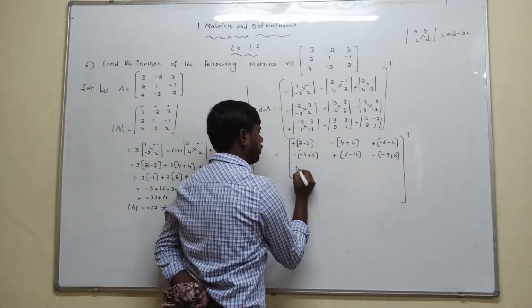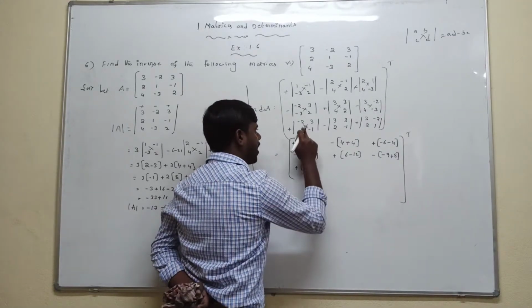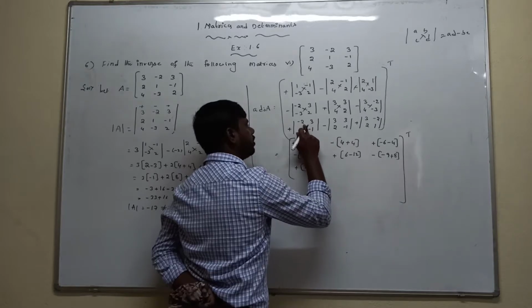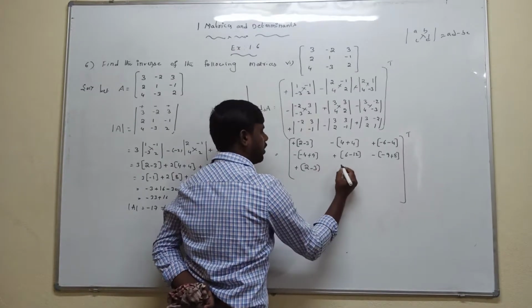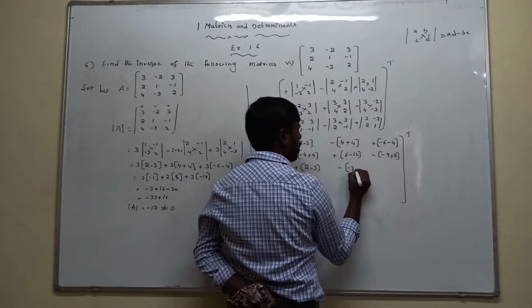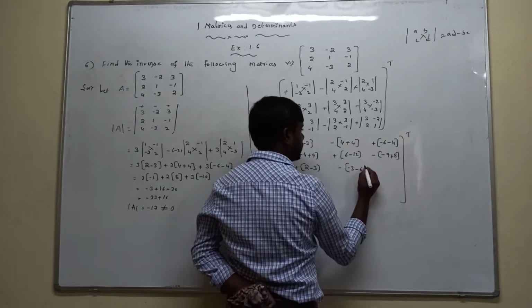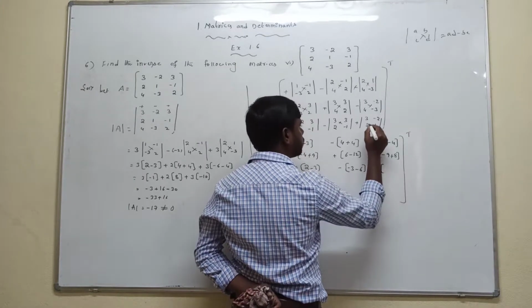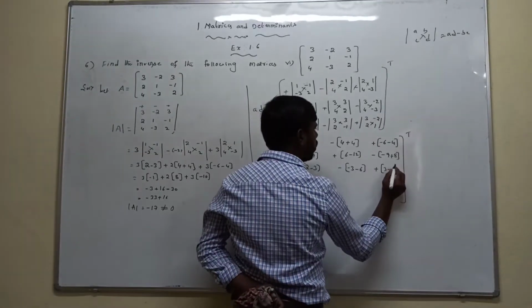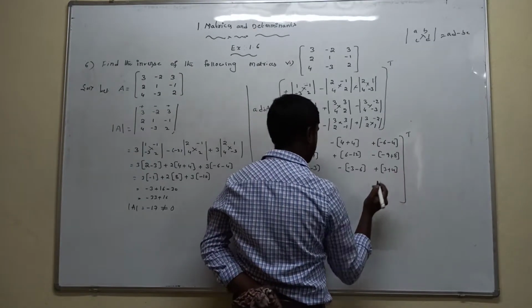Next, 2 into -2 into -1, that value is plus 2, minus 1 into 3, 3 only. Next, minus of 3 into -1, -3, minus 2 into 3, that value is 6, plus of 3 into 1 is 3, minus 2 into -2, -4, minus of minus, plus 4.